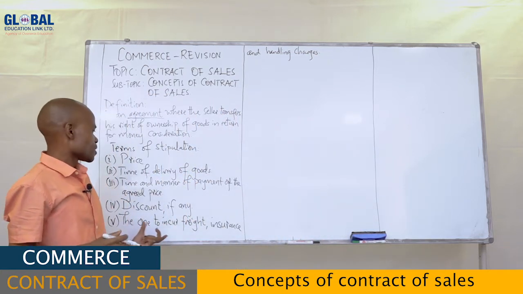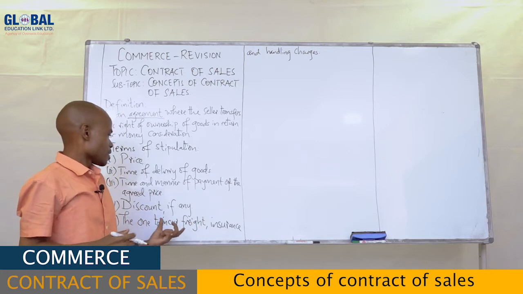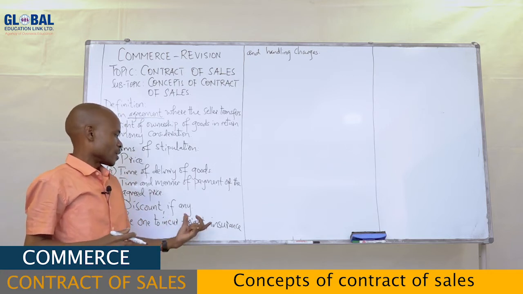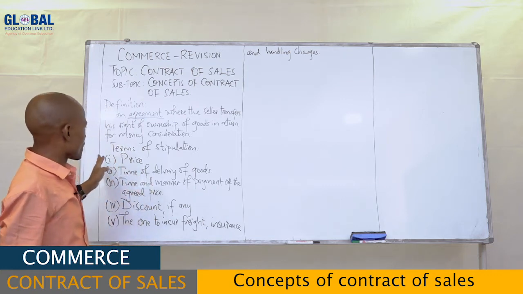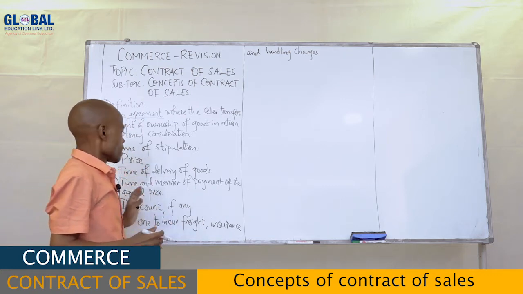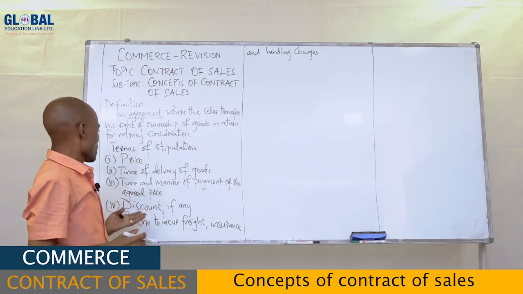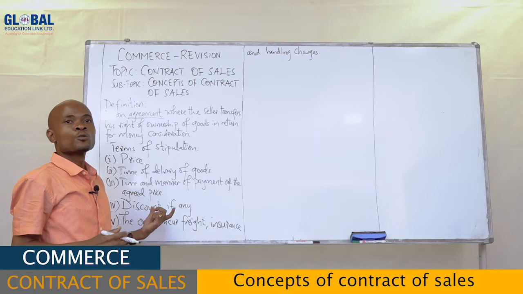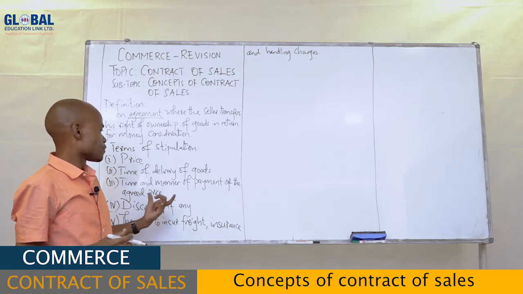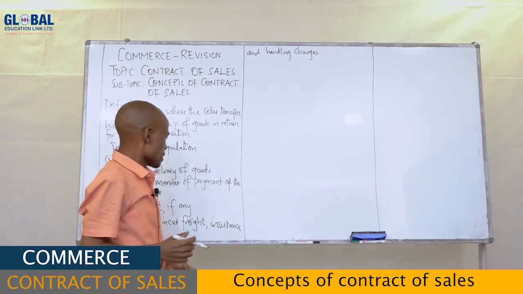These are the expenses which will be incurred when executing the contract. So, as I've said, these are terms of stipulation. Now, if any of these is violated, it will amount to the cancellation of the contract.